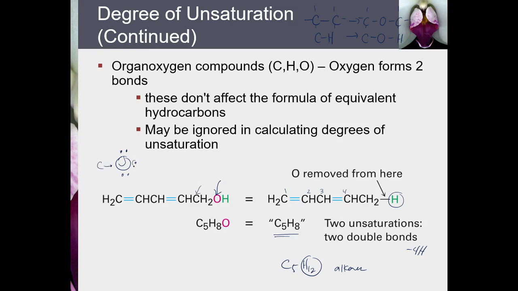Ito, kailangan mabond siya. So, yung inalis mo na hydrogen dito, doon pa rin siya. So, in this case, hindi naman nabago yung number ng hydrogens mo. That's why the formula with an oxygen, C5H8, will become C5H8O. So, yung oxygen dito, you just ignore that.